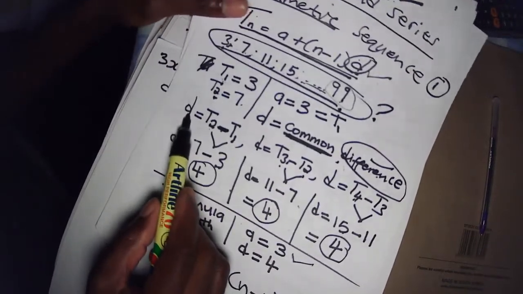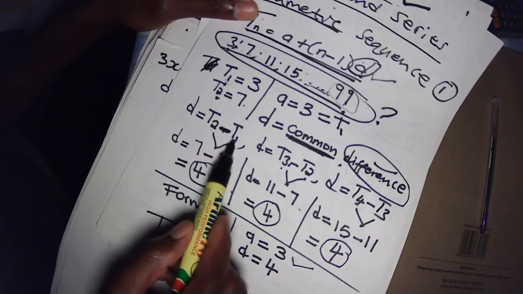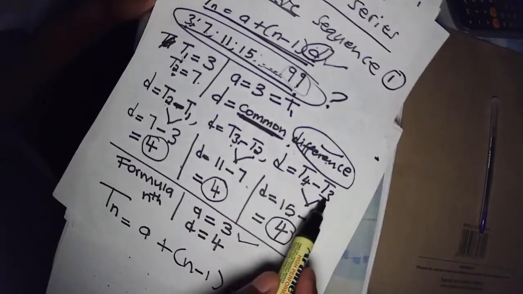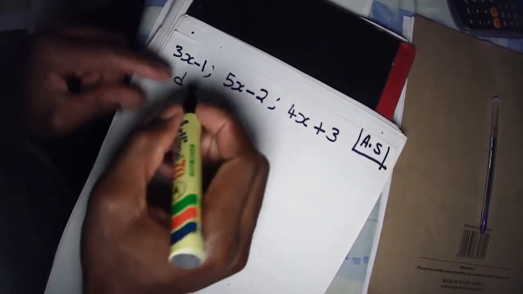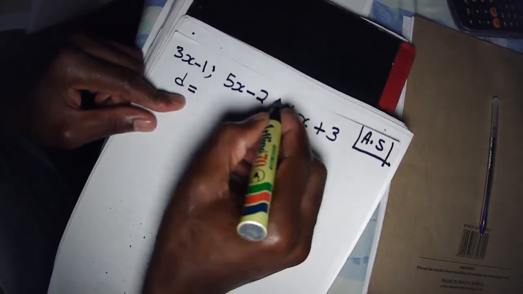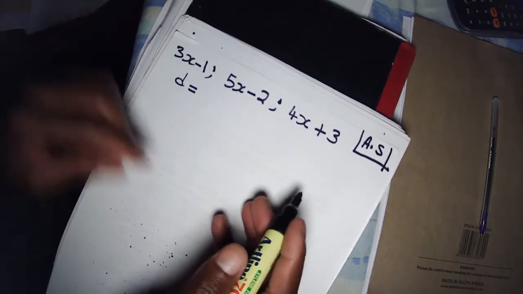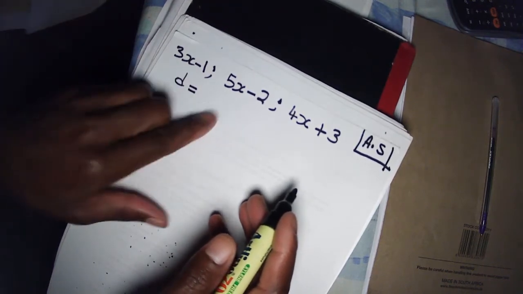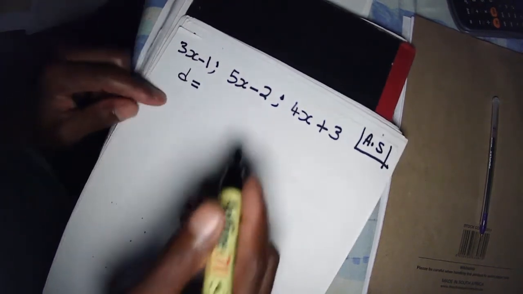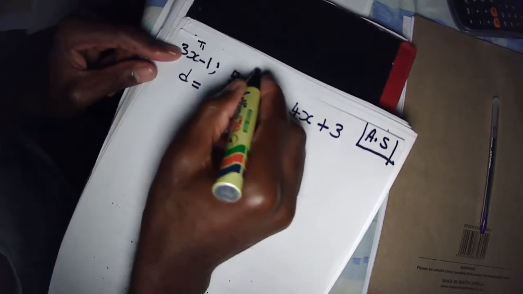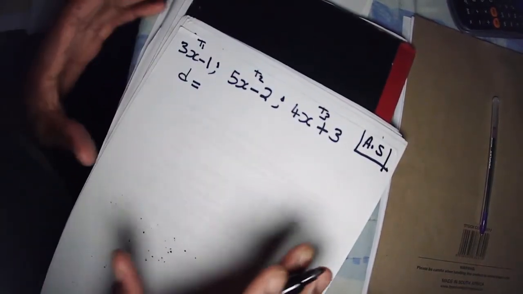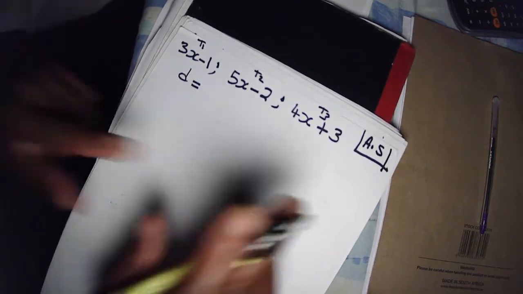The common difference, I said you subtract T1 from T2, T2 from T3, T3 from T4. So we do the same here. Take note of these semicolons here. It means that 3x minus 1 is term 1, 5x minus 2 is term 2. This is T1, T2, T3. So we only have 3 terms for this sequence.